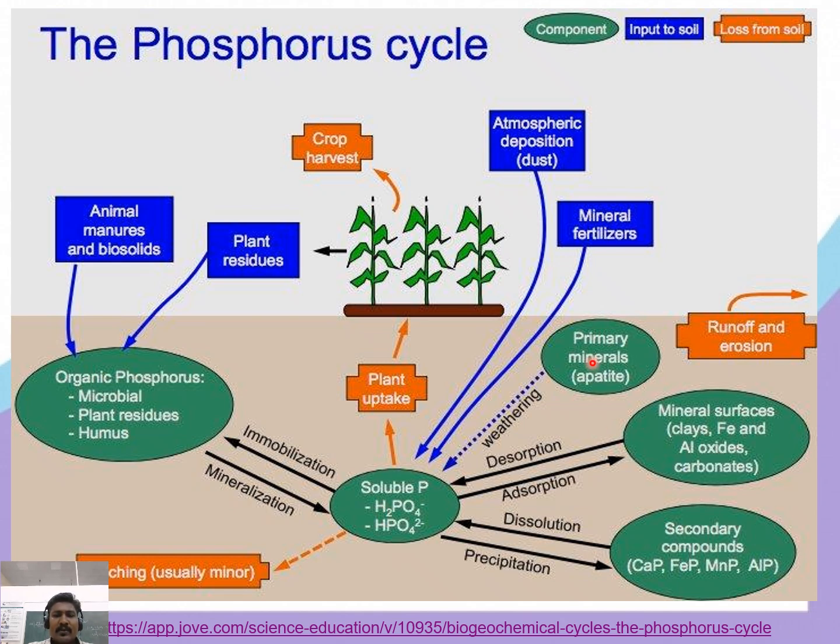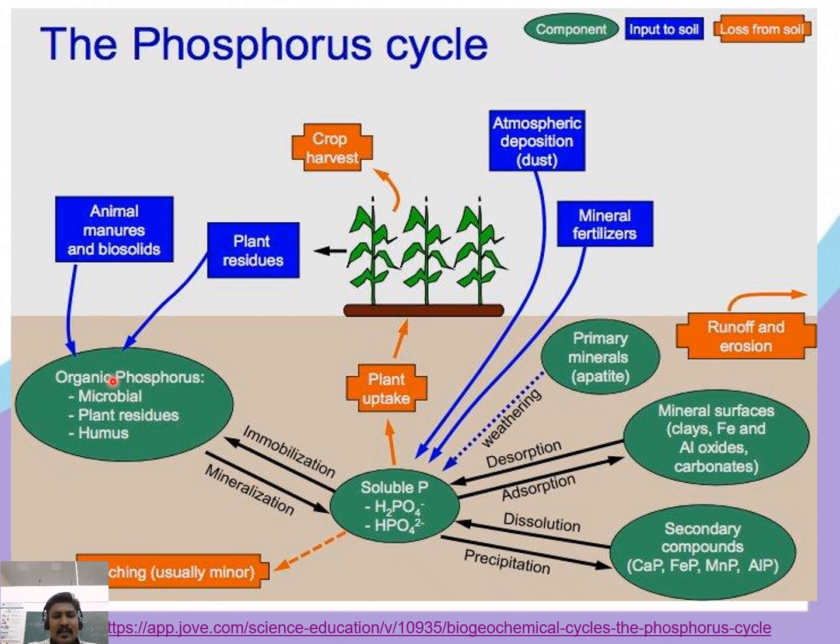Okay. So when you are adding a fertilizer or any organic source, the phosphorus will directly come into the soluble phosphorus, either through organic or inorganic. Organic means microbial plant residues, humus, farmyard manures, biosolids, many things we are adding. So directly the organic will come into the soil soluble phosphorus.